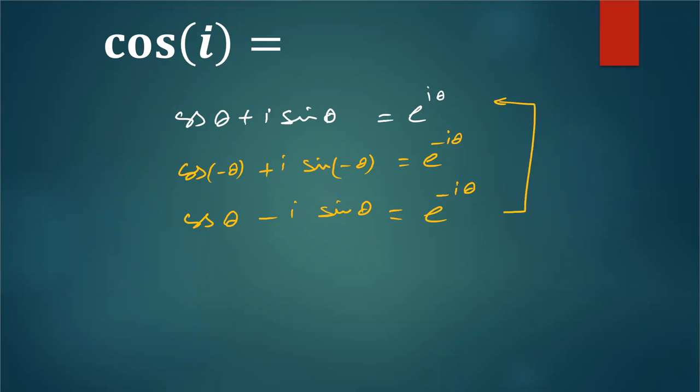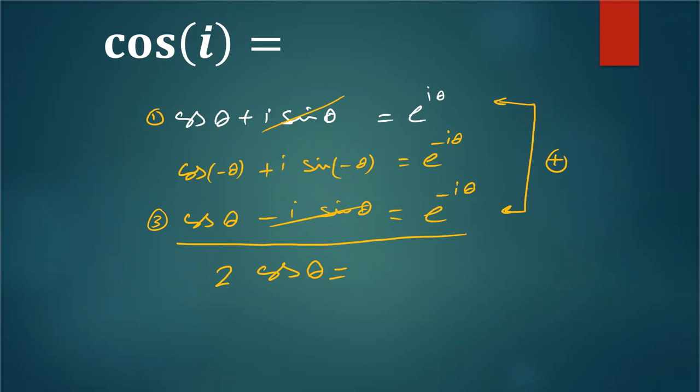Let's add these two equations, the first one with the third one, number 3. Just add to find 2 cosine theta. Of course, i sine with negative i sine will be canceled.